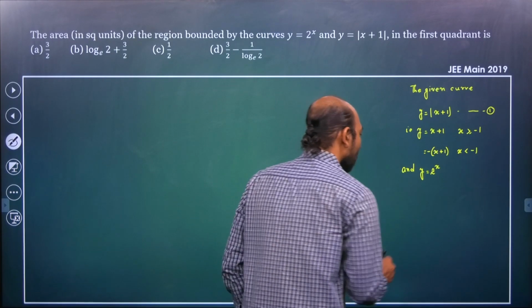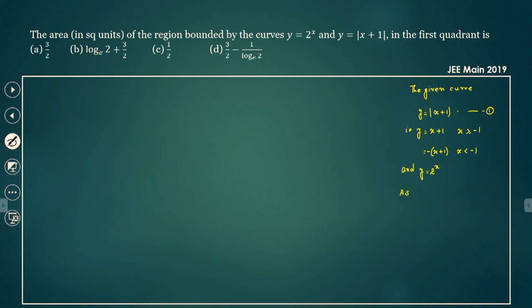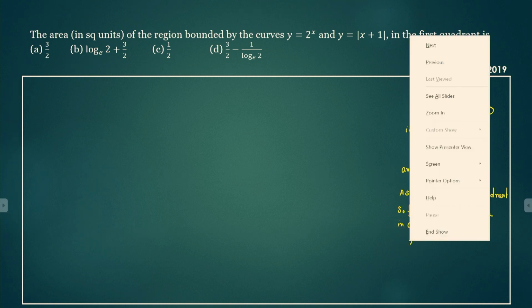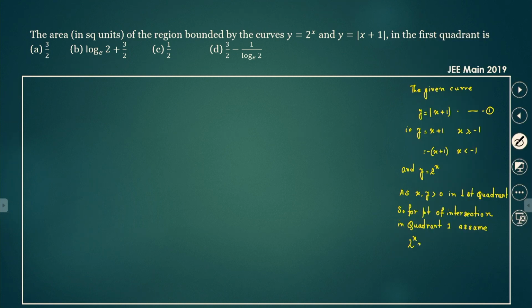So for x and y greater than 0, in the first quadrant, for the point of intersection, assume 2 to the power x is equal to x plus 1.